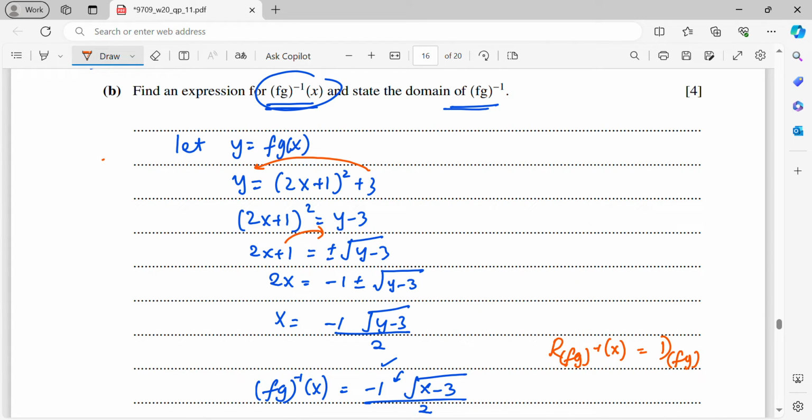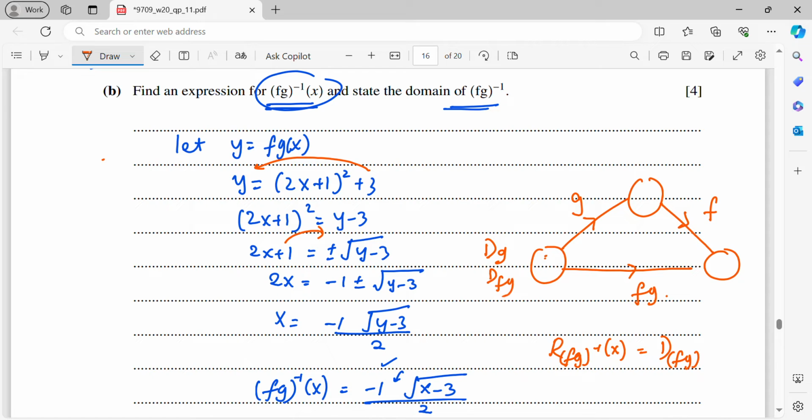Okay, so now look at the composite function diagram. To get fg, we solve the g first. So this is g followed by f. A function always maps domain into range. That means this circle is basically domain g, and at the same time also domain fg.